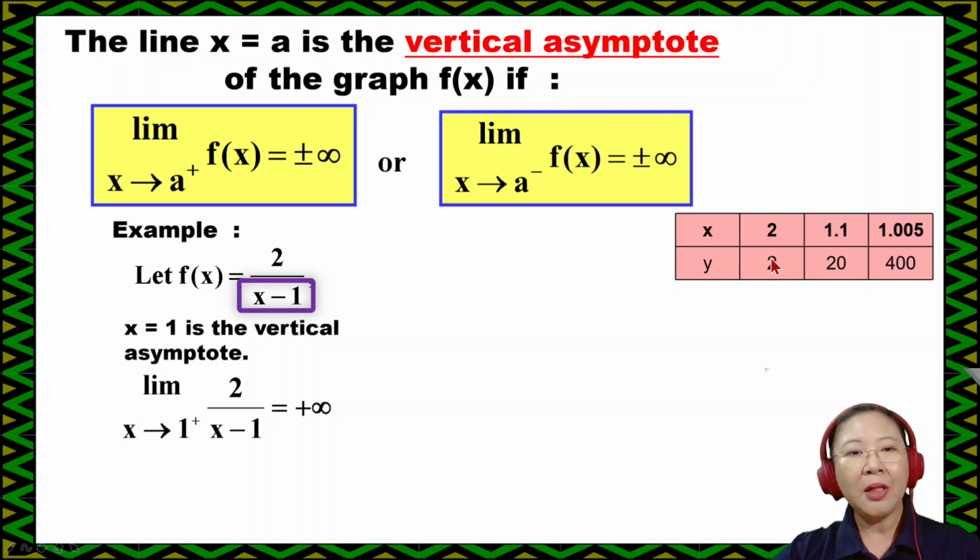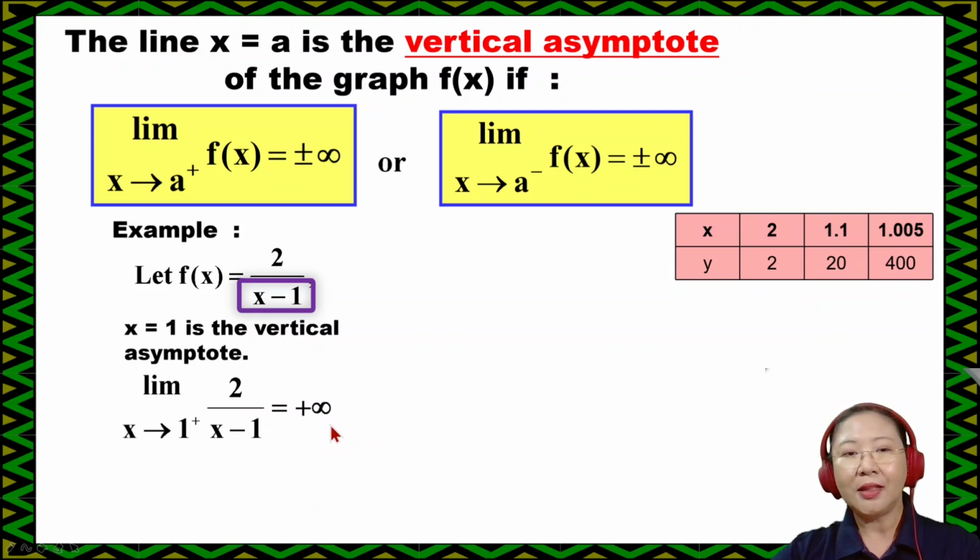So x is coming from the right-hand side, which means it's coming from a big number going smaller and smaller and getting very near to 1. So x is coming from the right-hand side of A, so it is going to get nearer to 1. As it gets nearer and nearer to 1, you will notice the number goes bigger.